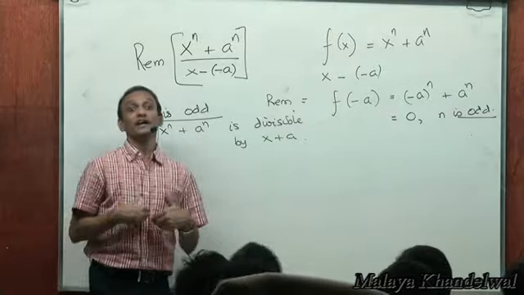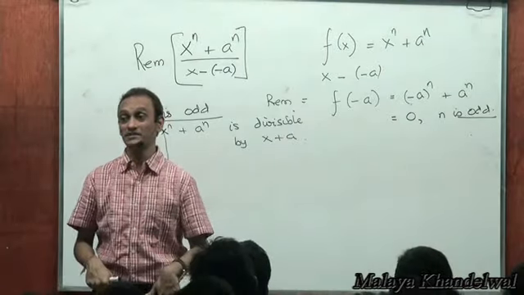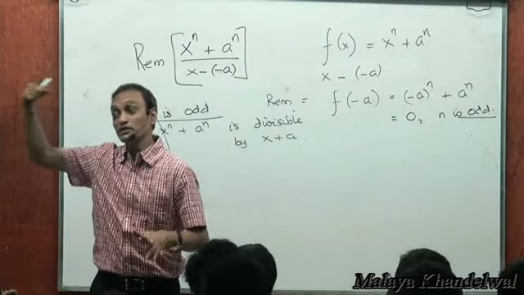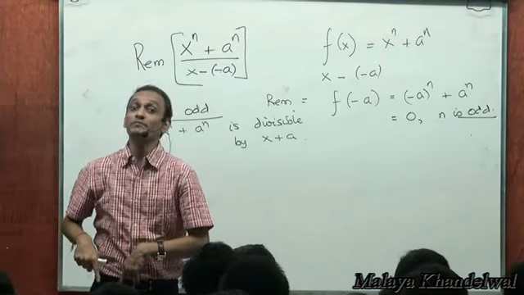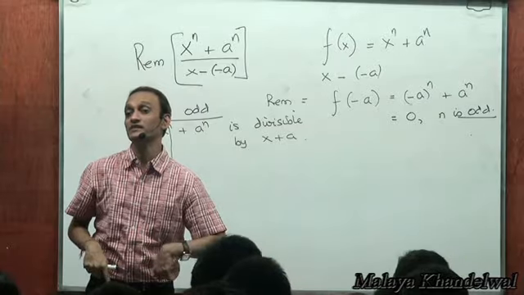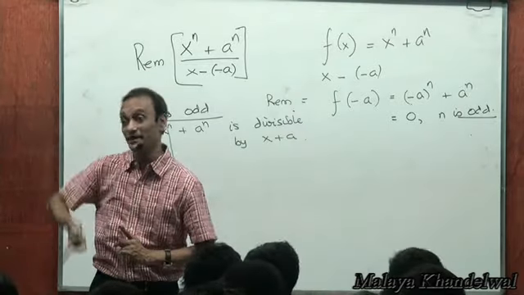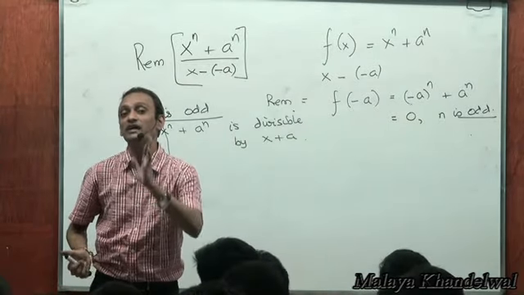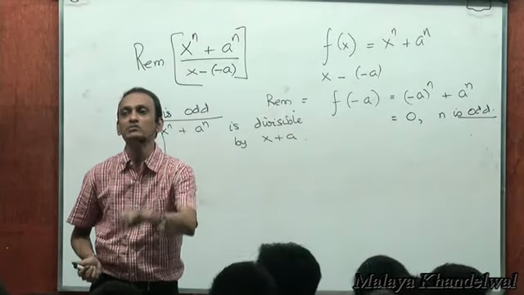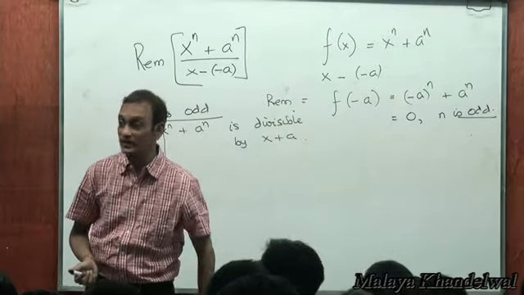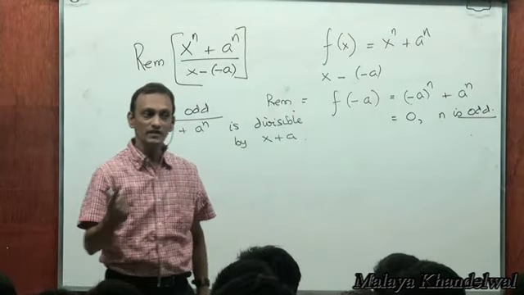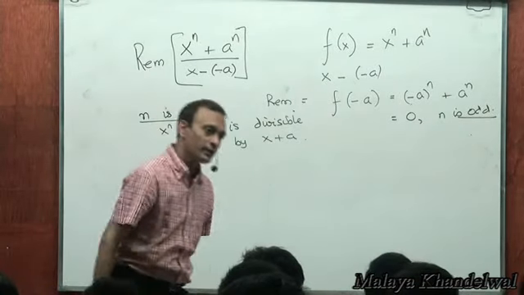See, x cubed plus a cubed is divisible by x plus a, but x squared plus a squared is not divisible by x plus a. X power 5 plus a power 5 will be divisible by x plus a. X power 7 plus a power 7 will be divisible by x plus a. So every time n is odd, x power n plus a power n must be divisible by x plus a. Right?